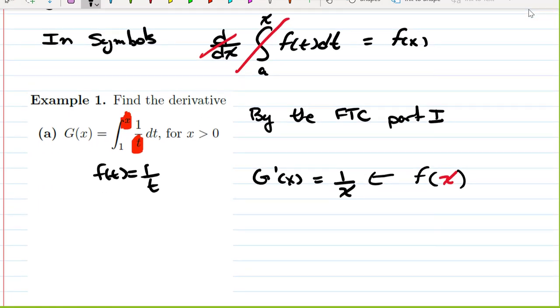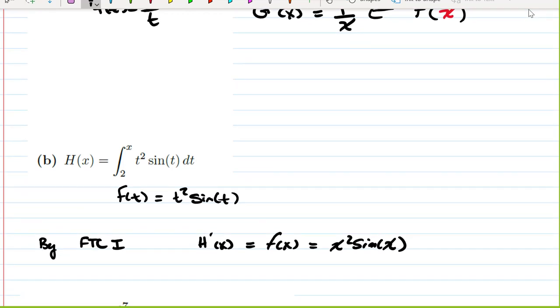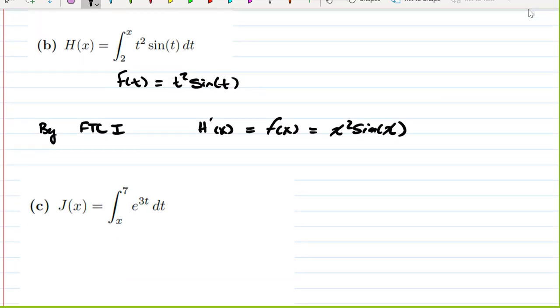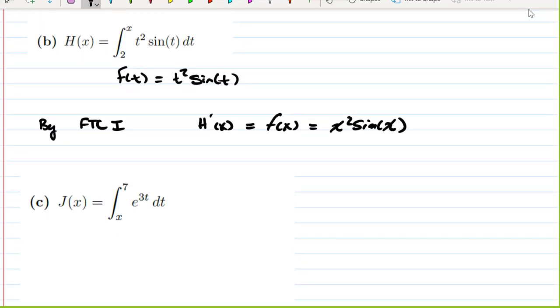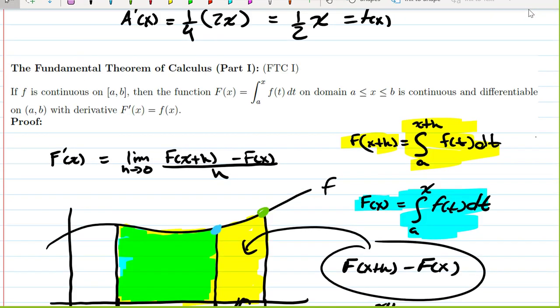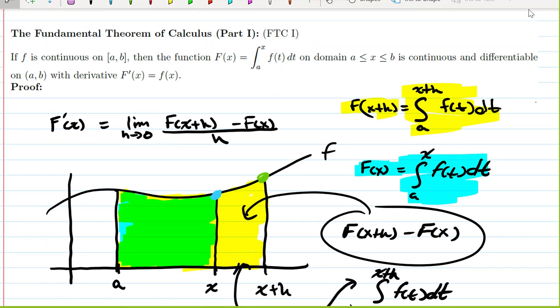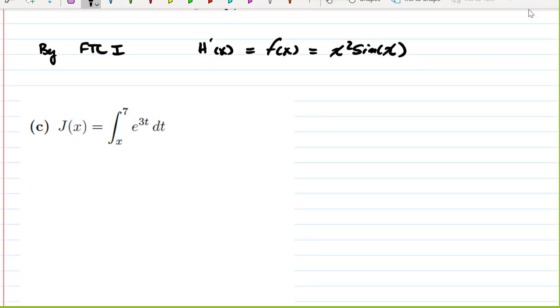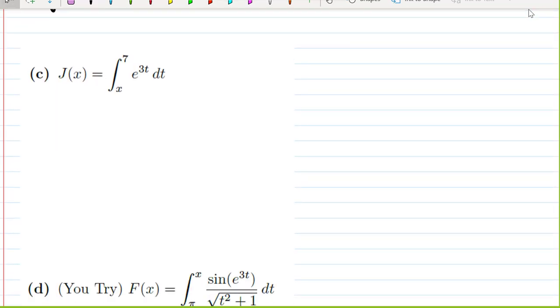So in our first two examples, we'll notice that our upper limit of integration was x. But here, our upper limit of integration is 7, and our lower limit of integration is x. Specifically, when we look at the fundamental theorem of calculus, it states that the upper limit of integration has to be x. So we can't immediately apply the fundamental theorem of calculus.